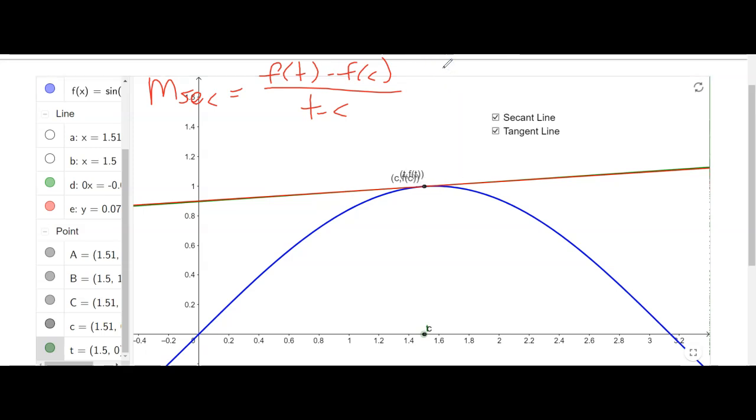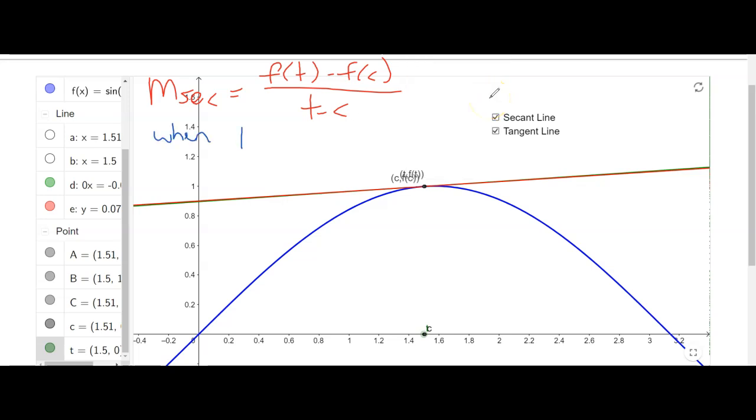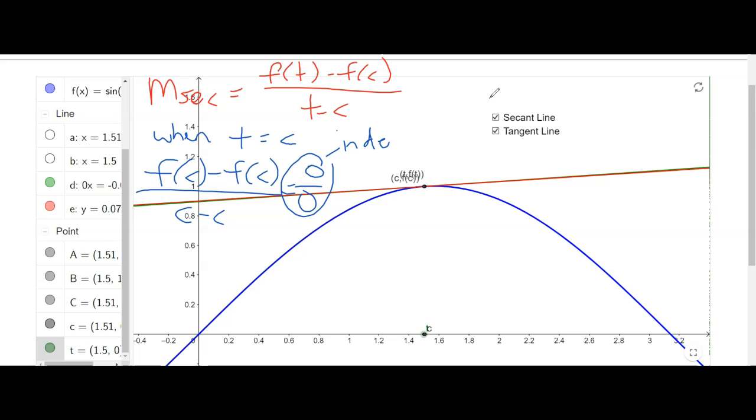Let me get out a pen real quick. So when t is equal to c, we have f of c minus f of c all over c minus c, which gives us 0 over 0, which is indeterminate. So we're unable to find the slope of the tangent line just by using this.